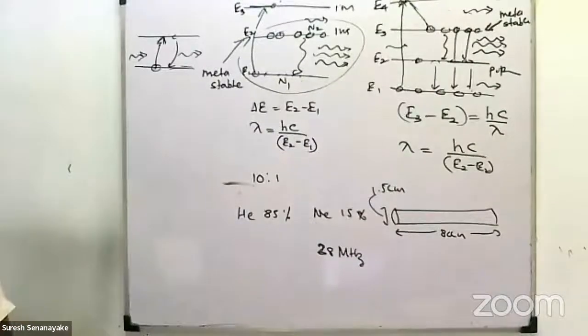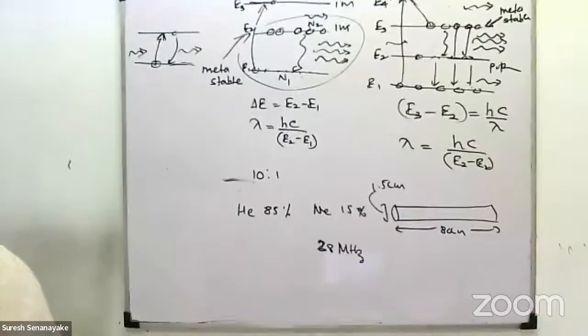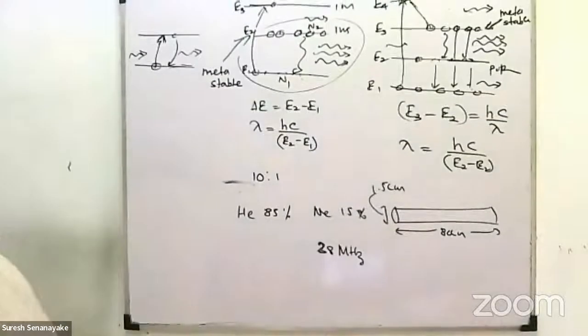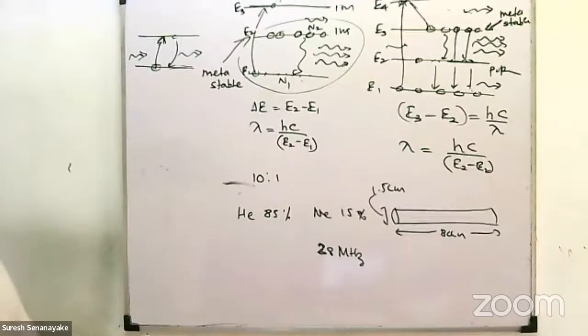Working of helium neon laser, page 11, points 1, 2, 3: the third one, electrons collide with the helium atoms, excite them to the metastable states, then F2 and F3, and stay for a sufficiently long time.